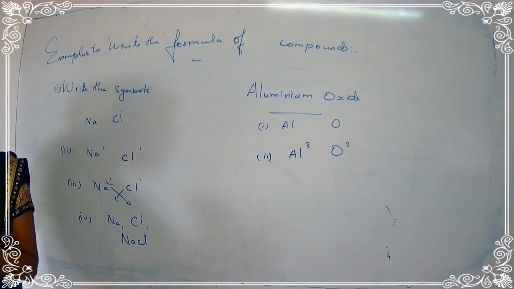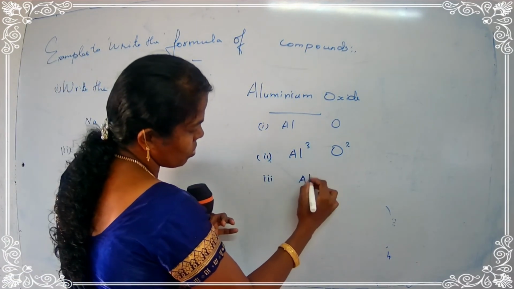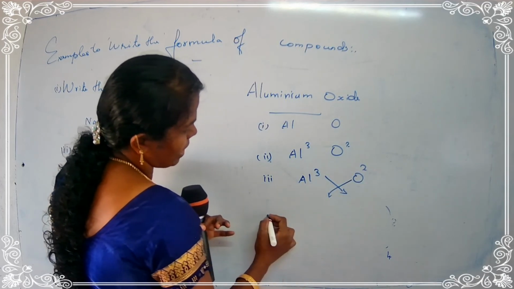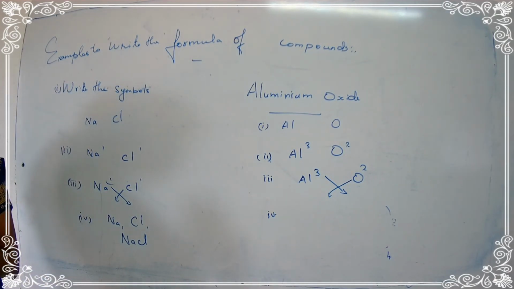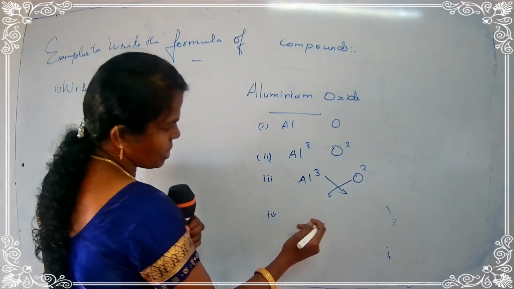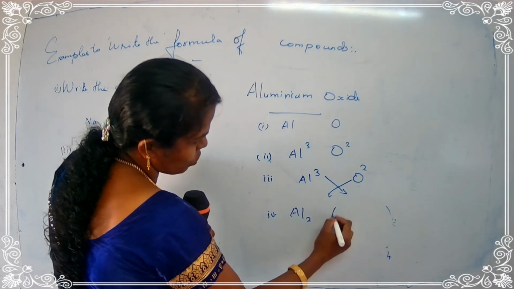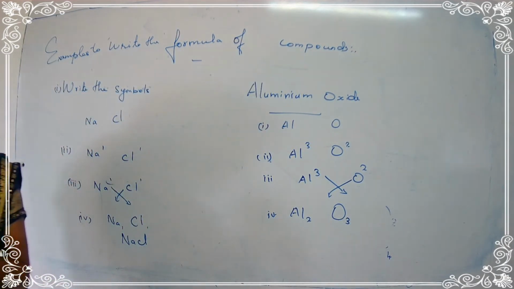Okay. Then interchange the valency. Third point, interchange. So what answer will come? Al, this 2 comes here, Al2. Sorry, 3 goes there. O3. Al2, aluminium 2, and oxygen 3.